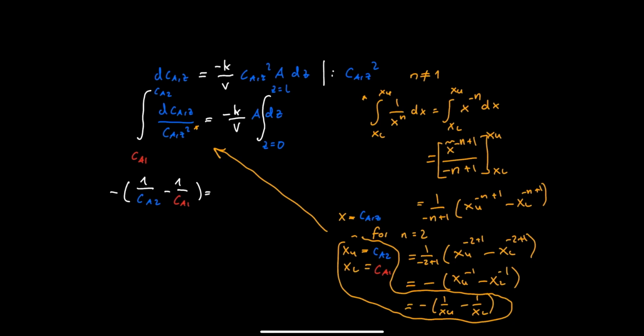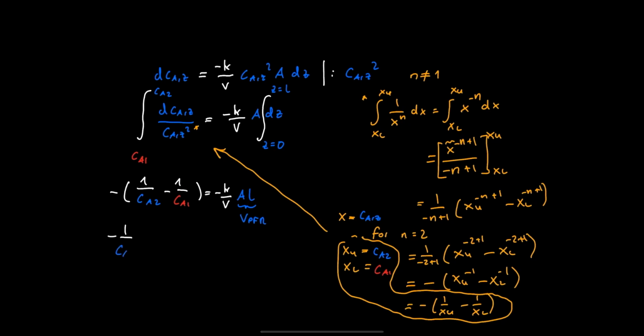is equal to negative K divided by the volumetric flow rate times A, and this integral is simply the upper minus the lower limit, which is L. And this term is actually the volume of our plug flow reactor.